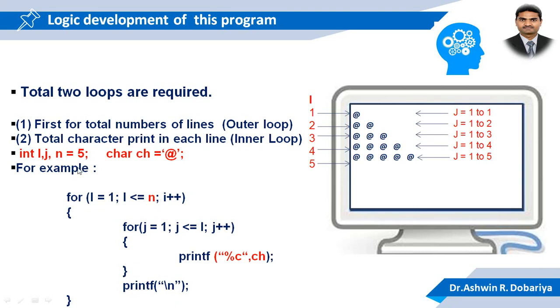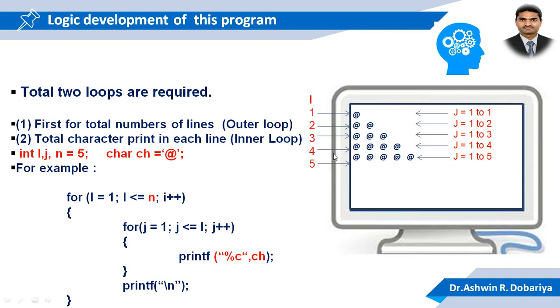Here n means we will ask the user at runtime, enter the number of lines that you want to print. So n is a variable which indicates the total number of lines the user wants to print, and then i plus plus. Suppose right now I want to print only 5 lines, then the value of n is equal to 5. So it will display 5 lines.